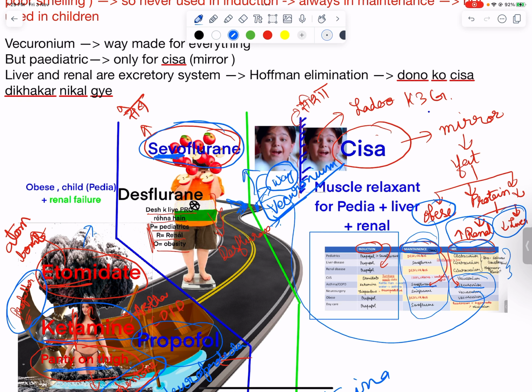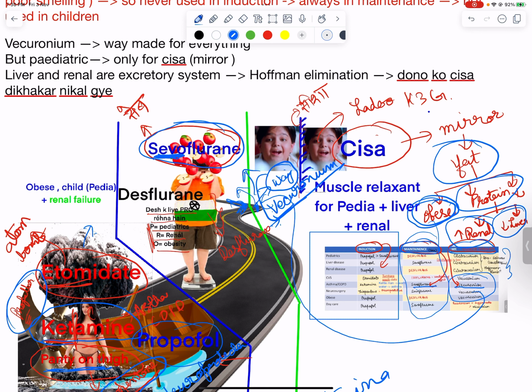Now we move on to the last one, that is muscle relaxant. We had remembered that this way was going into infinity, so vecuronium is the default setting, but there is a shisha, or a mirror, being used in muscle relaxant. So you have to remember that this shisha or mirror is for a fat child, and fat can be due to either he is obese or there is decreased protein in the body.